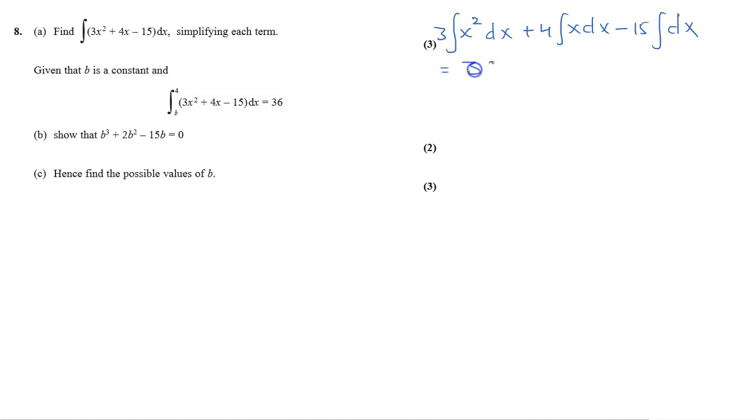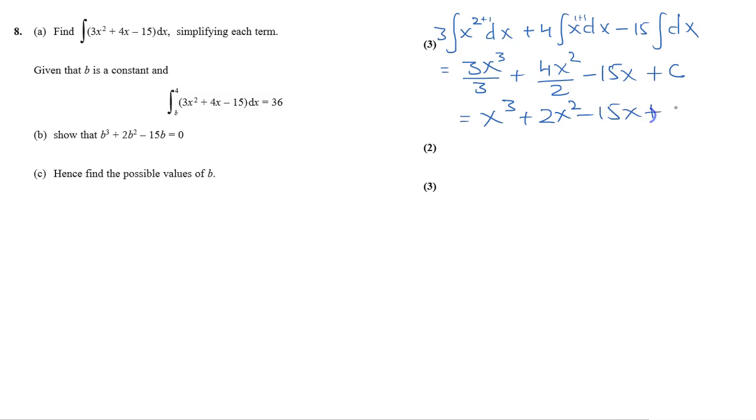So this will be 3 times x cubed over 3, plus 4, x's power is 1, so 1 plus 1, x squared over 2, minus 15, which is x, and plus c. So it will be x cubed plus 2x squared minus 15x plus c. That is the answer of part A.